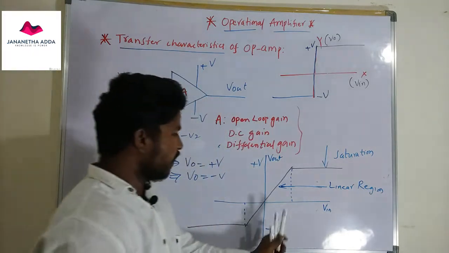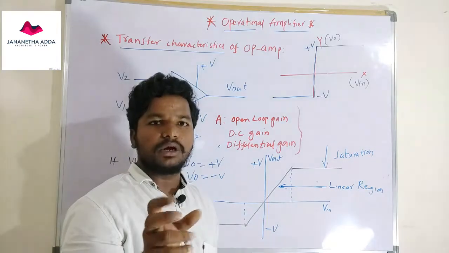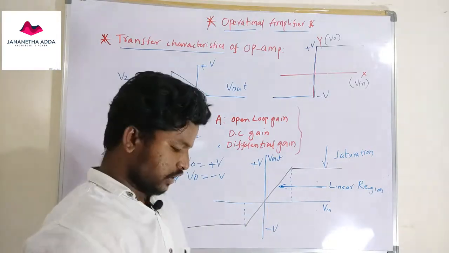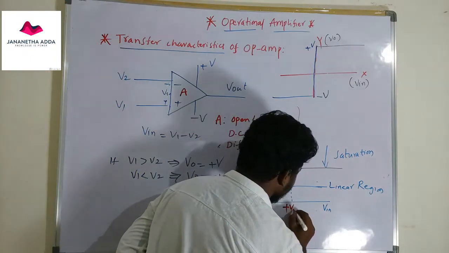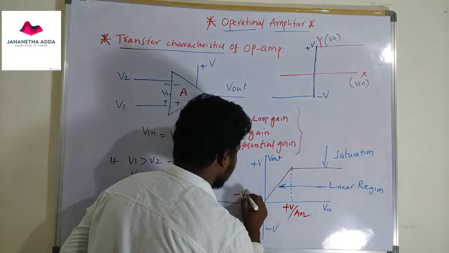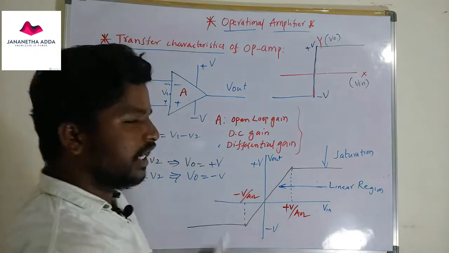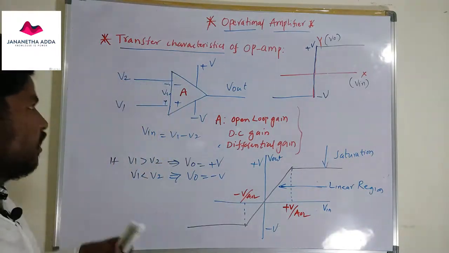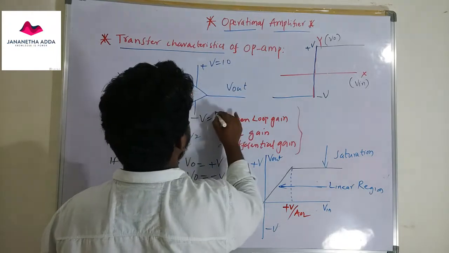I have to find these voltages, till which voltage it will try to compare and stay in the linear region. It will be the positive supply divided by the open loop gain, and the negative supply voltage divided by the open loop gain. Let us assume we have a voltage of 10 volts and minus 10 volts.